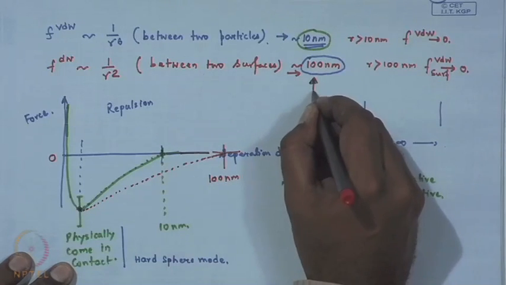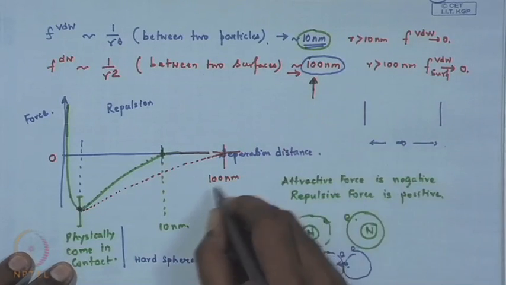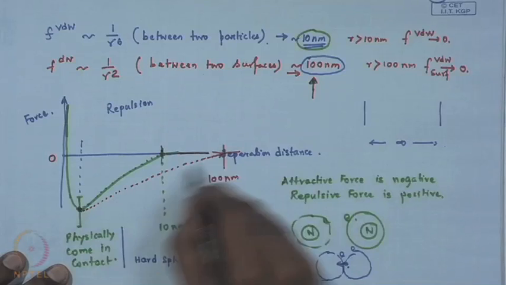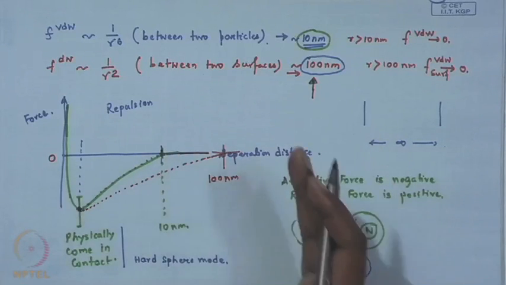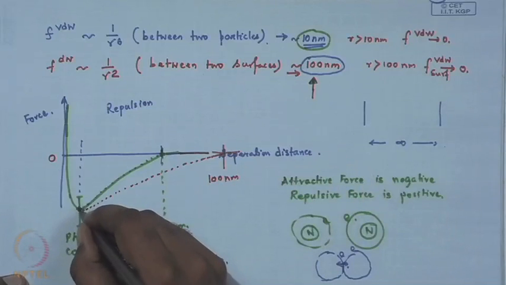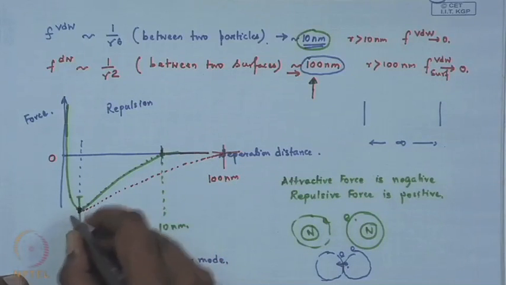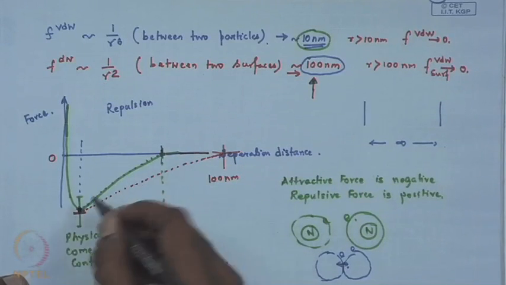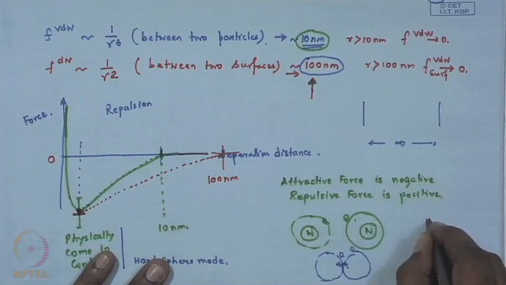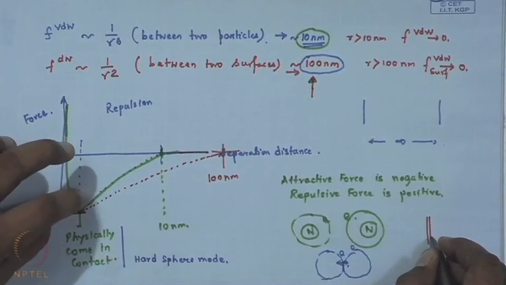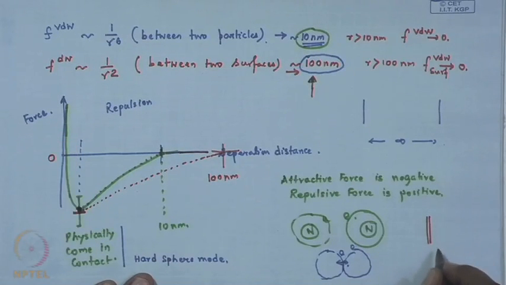We understand that it stretches up to 100 nanometer. So, the decay will be a little sluggish, and the remaining part of the curve remains pretty much the same. Here it reaches a maxima in terms of the attraction, beyond which a repulsion starts. Which means that at this point the two surfaces come in direct contact.